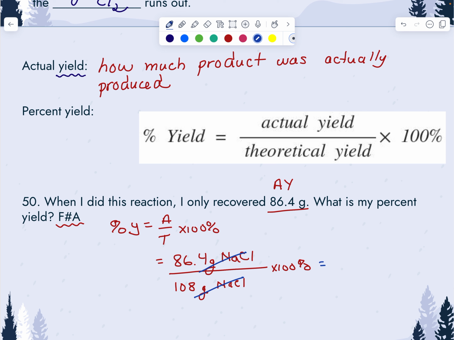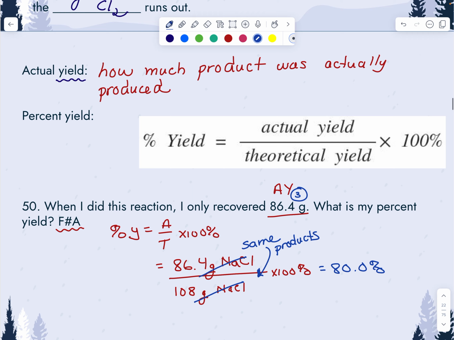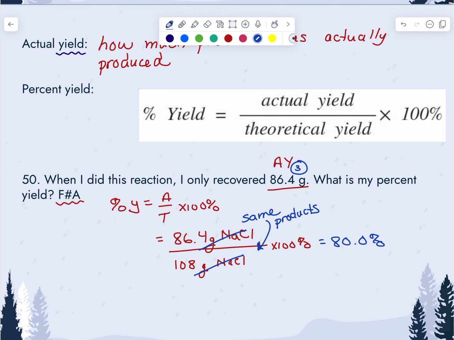That's why percentages don't have units, because the units will always cancel out, because these should be of the same substance, and the substance should be one of the products. Okay. And 3 significant figures here. This actually comes out to be exactly 80.0%, right? 3 significant figures. The 108 also had 3 significant figures.